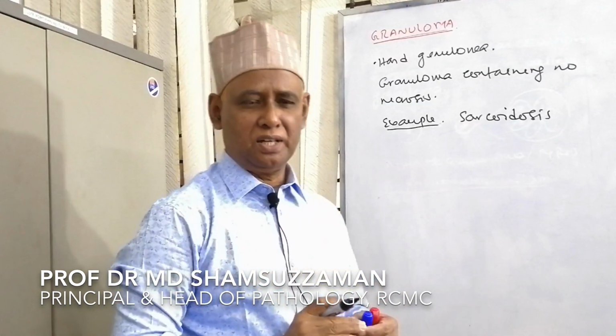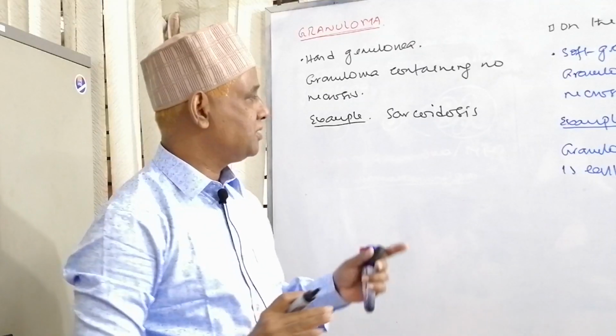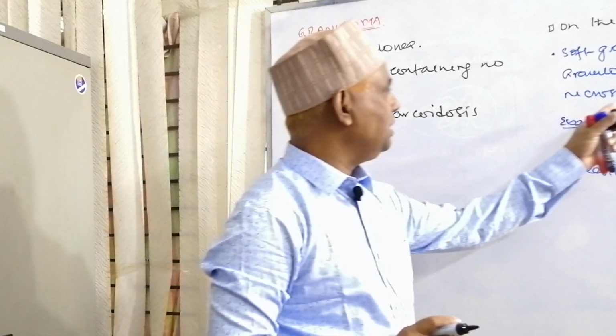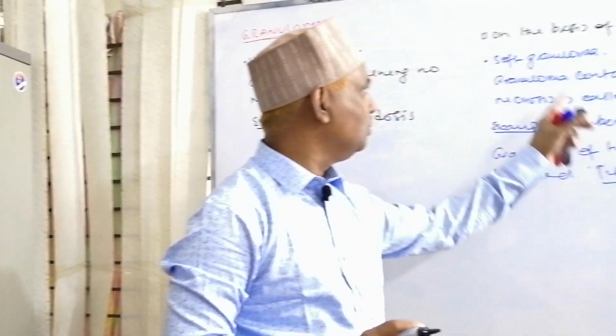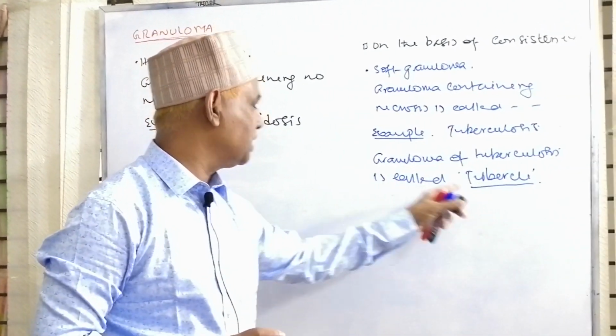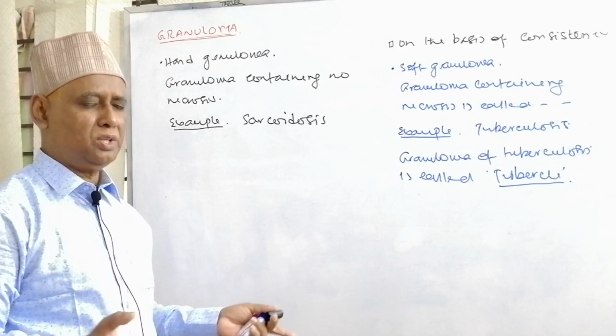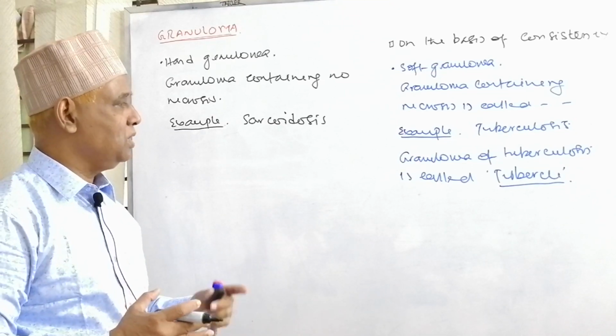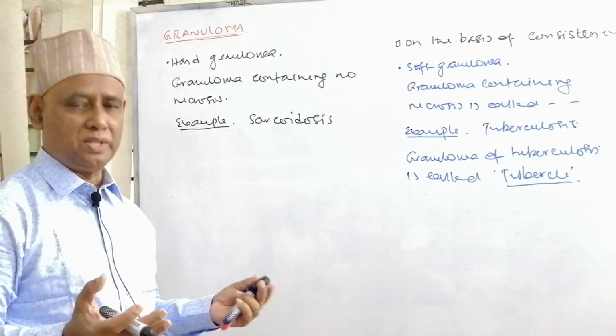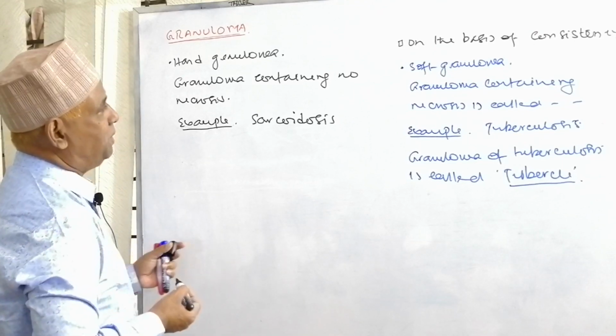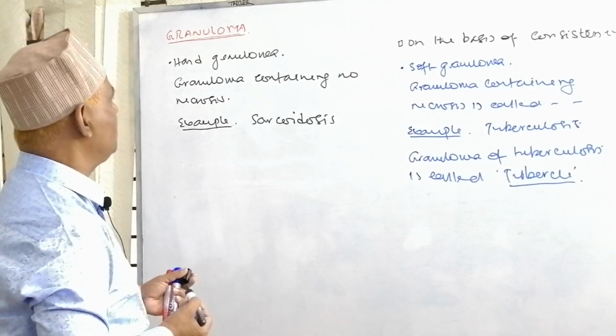That granuloma is hard granuloma, there is no necrosis. And sometimes when tubercle contains no caseous necrosis, the tubercle is also an example of hard granuloma. When tubercle contains necrosis, it is soft granuloma. When tubercle contains no necrosis, it is hard granuloma. So based on consistency, soft granuloma and hard granuloma.